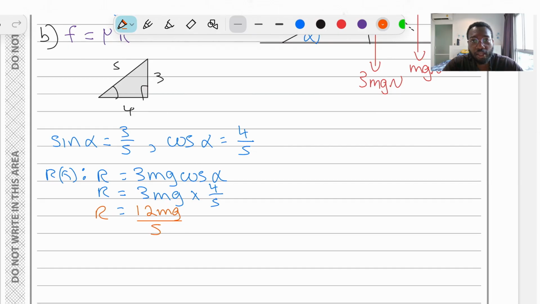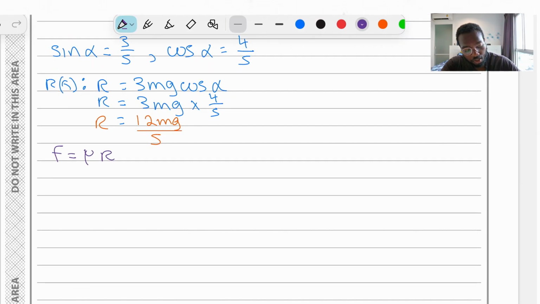Now, using that, we can actually work out the frictional force. Because we know that F is equal to mu R, and we know what mu is, they tell us that in the question. So we know that F is equal to mu, which is 1/6, times 12mg/5. And if we work this out, what do we get?